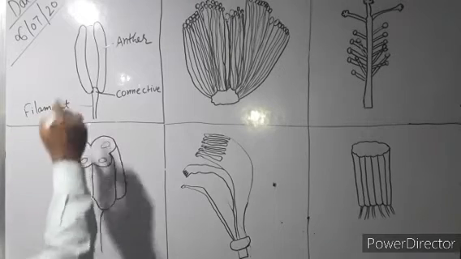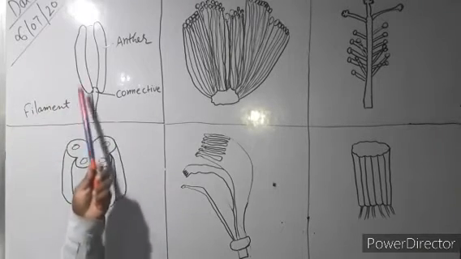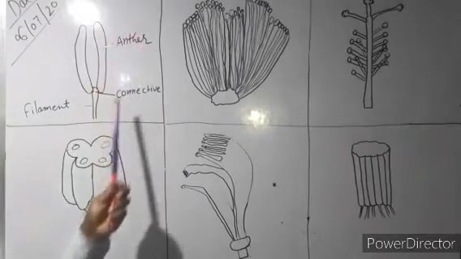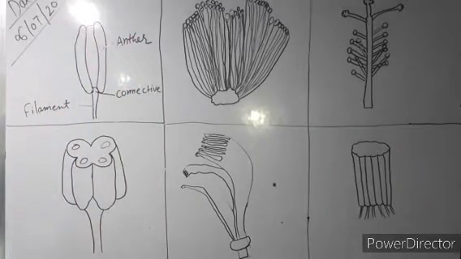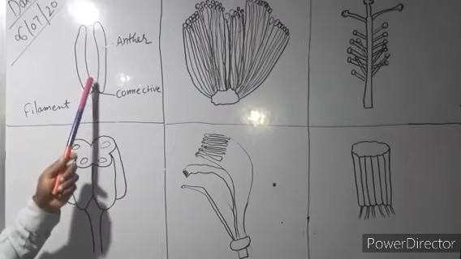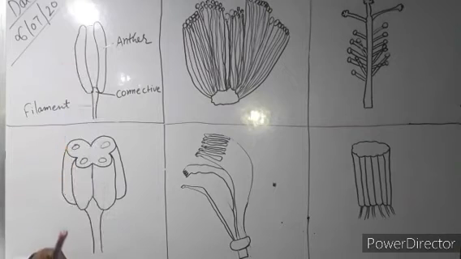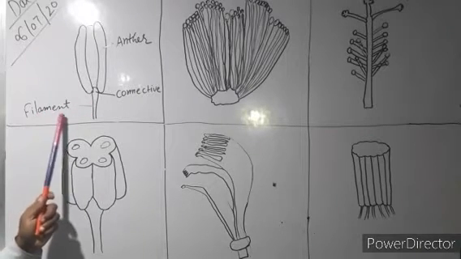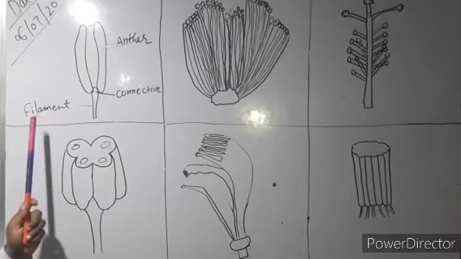Here you can see the stamen of a flower, the third inner whorl of the flower. The anther is connected to the connective, and the cylindrical structure is called the filament.